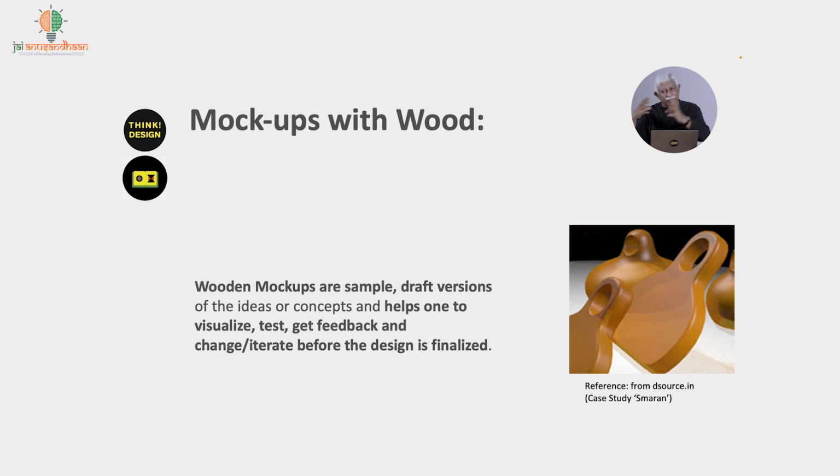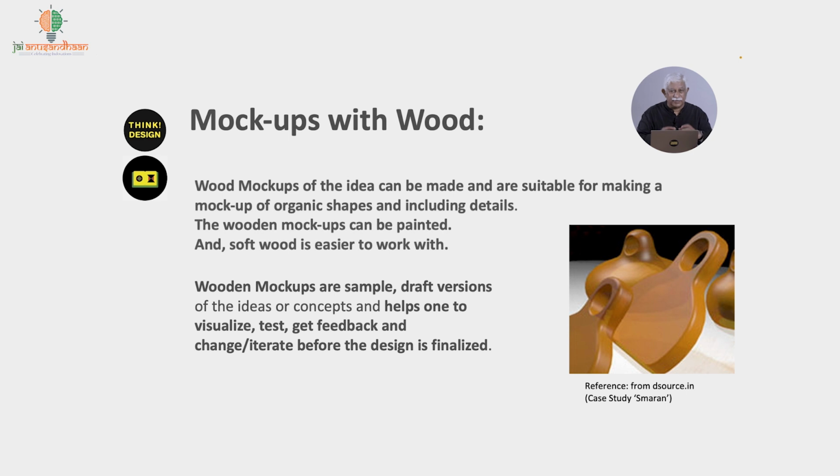Now of course, digital printing has come, so some of it has got reduced, but for example, if you're doing furniture, you'll still make your models with wood, or if it is a very soft, curvy surface, wood becomes quite a nice material to work with. Because wood, you can polish it or you can paint it. Yeah, there are many possibilities with that, and you can make many details with that. Yeah. So again, it's suited for organic shapes.